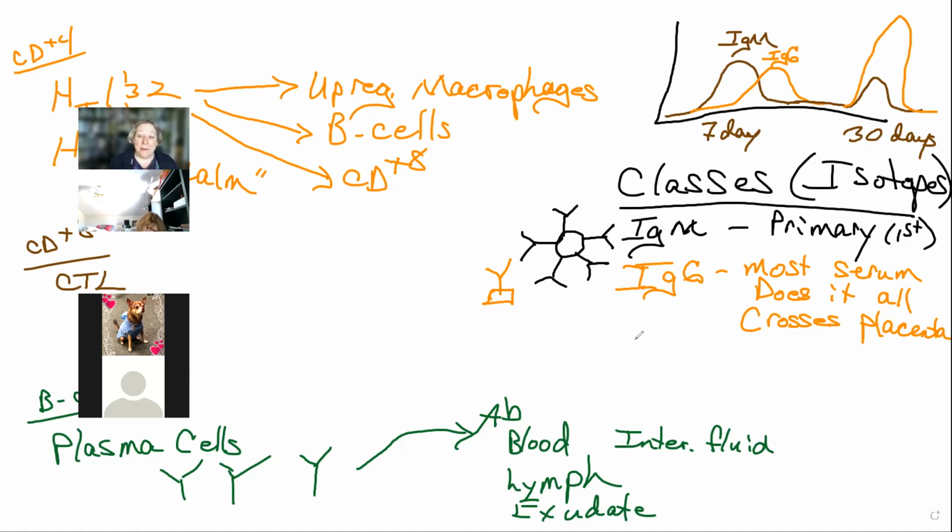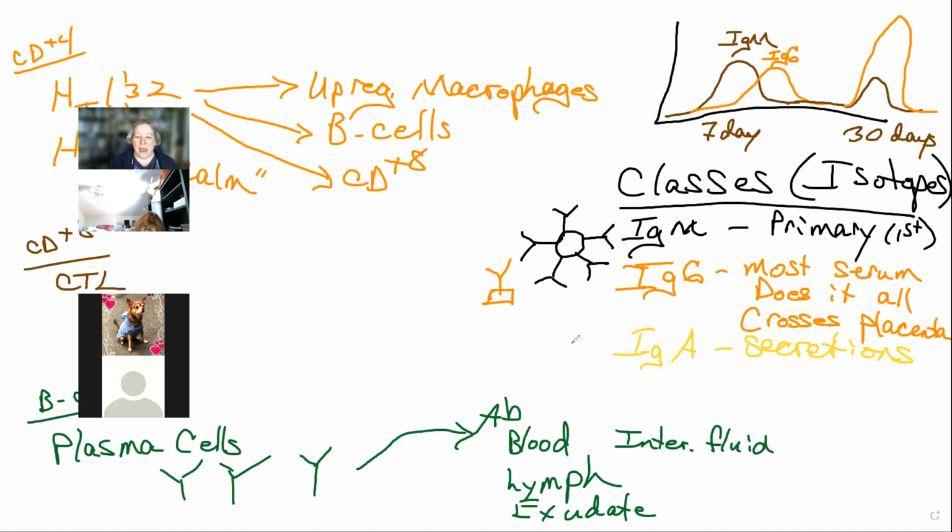The next most common one is IgA. Now, we see IgA in all sorts of fluids, but for this class, to keep it simple, because this is probably the first time you're learning this, we find this in secretions.